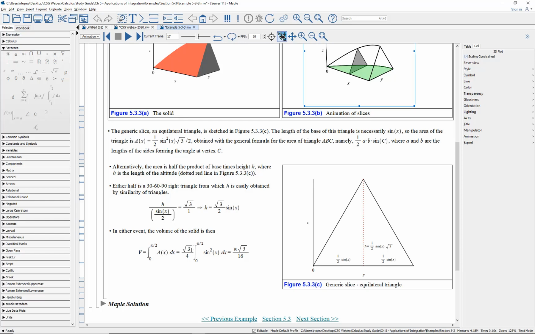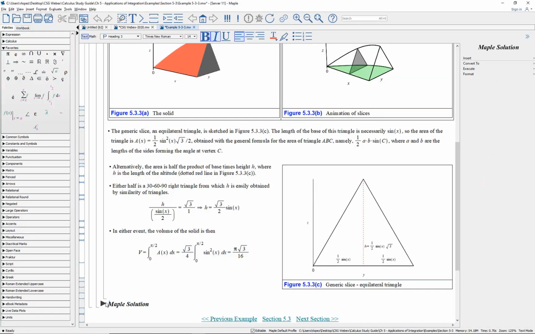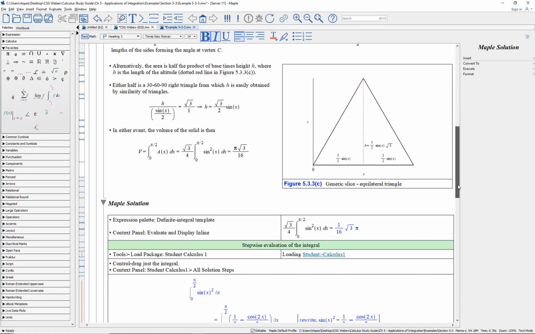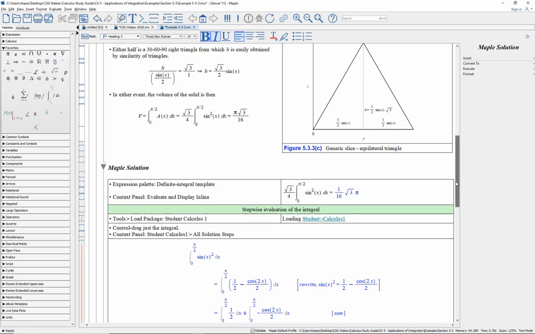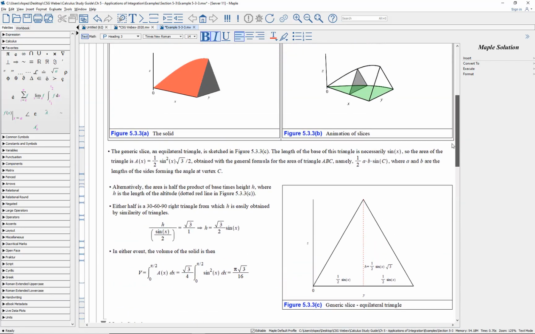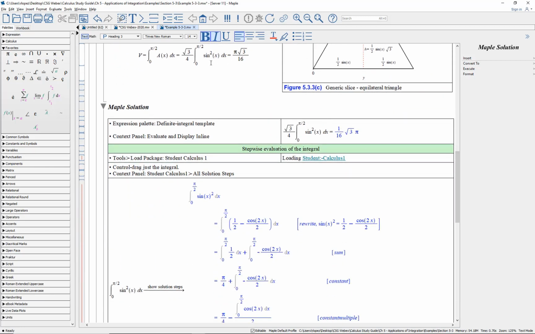There it is. So you can use the definite integral template here. You're integrating from 0 to pi over 2. It's a dx integral. You're basically integrating sine squared. There is the value that you obtain. So really all of the hard work has been done in the analysis. The Maple solution, after the drawing of the solid and that animation, we set up the integral that we see here, set it up in Maple, get this answer.